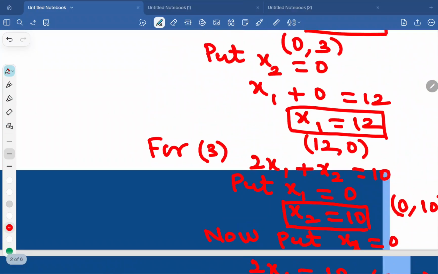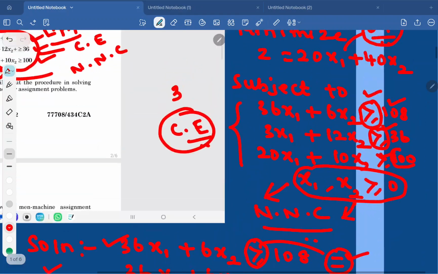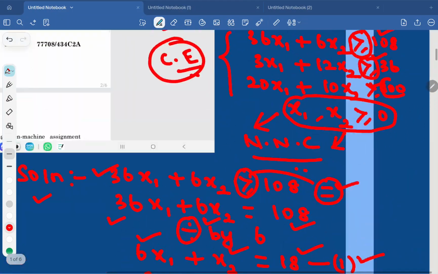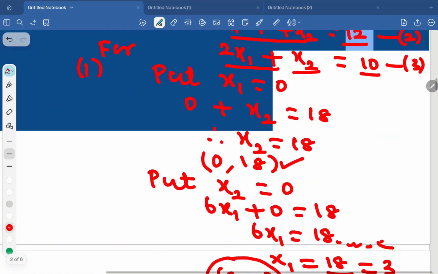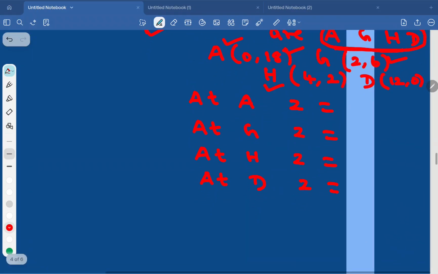Actually, what is Z? The problem is minimization. The objective function Z is 20x1 plus 40x2.